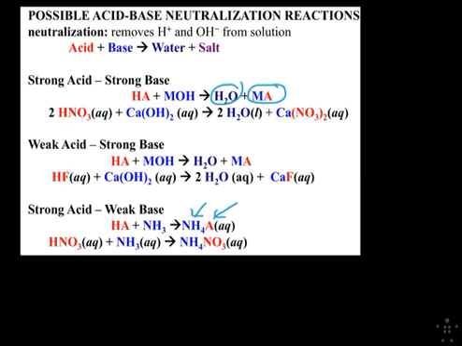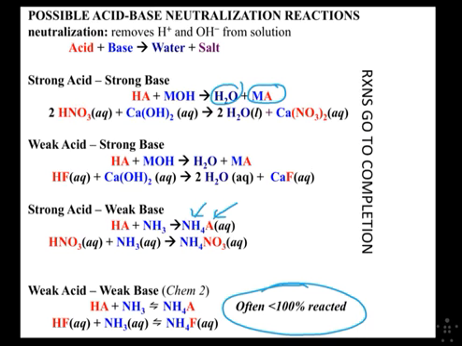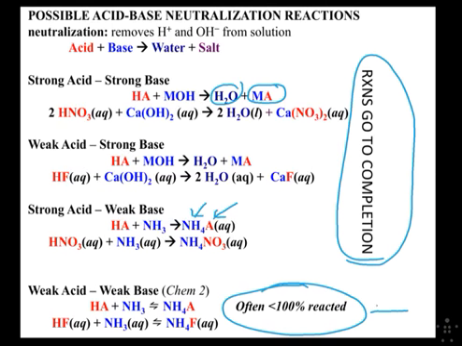In Chem 2, however, we're going to also look at weak acid, weak base reactions. These are more complicated because they don't react all the way. They're often much less than 100% reacted, whereas if we looked at our reactions up above here, they go all the way to completion, meaning all of the limiting reactant gets used up. That's not the case here.